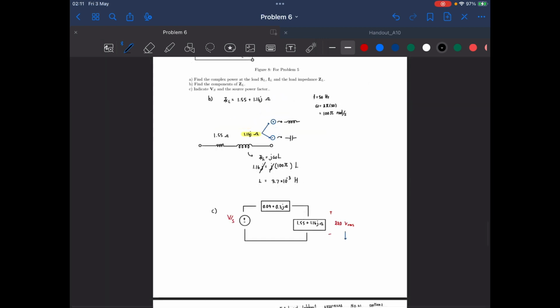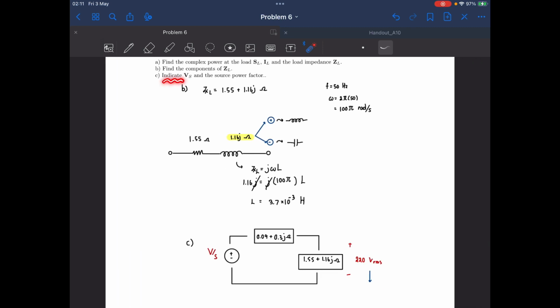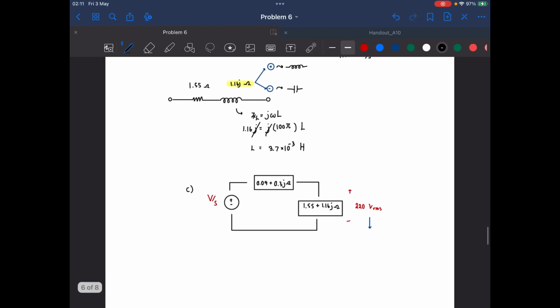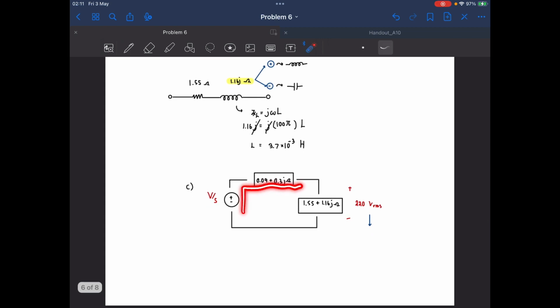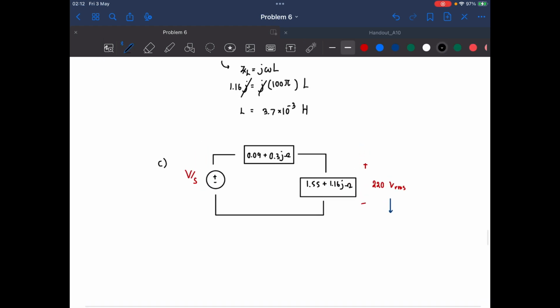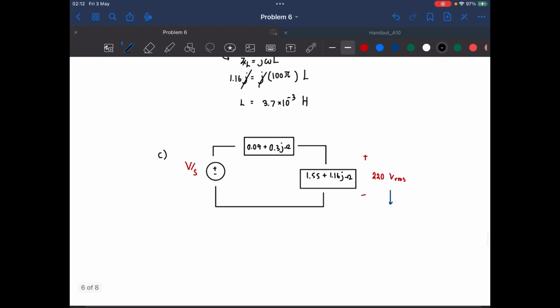Henry. In the last question, we want to indicate the value of the Vs and its power factor. And in this circuit, it is obvious that it is connected in series and it is related to the voltage. So the formula that is popular in a series circuit is the voltage divider.